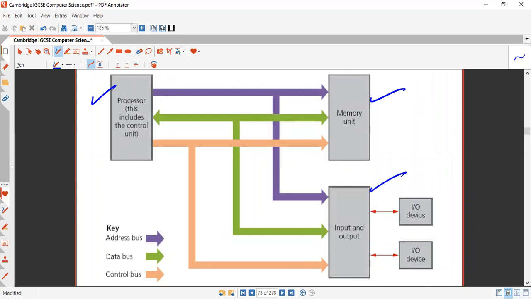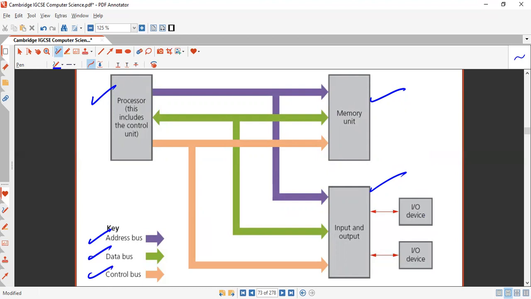Now you may see three different lines here as well. These lines are basically known as the buses. As in the last class, we discussed that these are the communication paths between different components of the system. We have three buses: address, data, control. We learned about the functionality of the buses as well. Let me go over it for you.